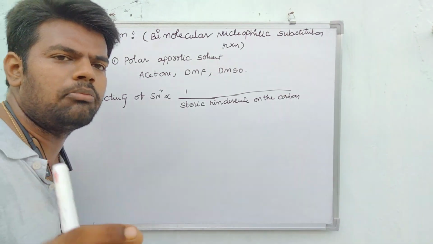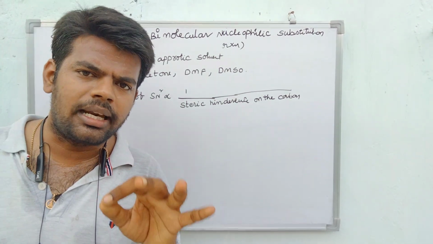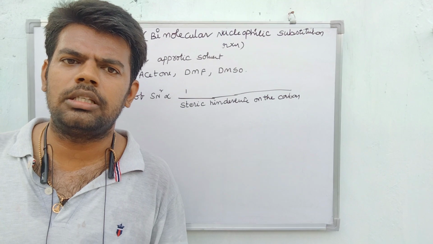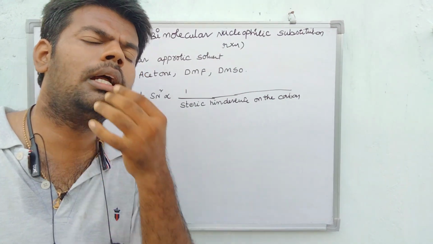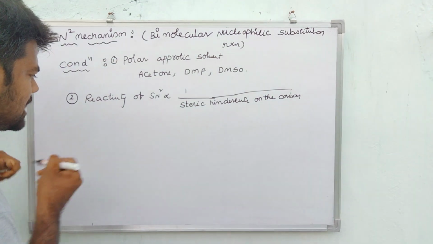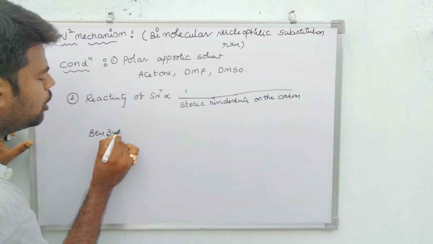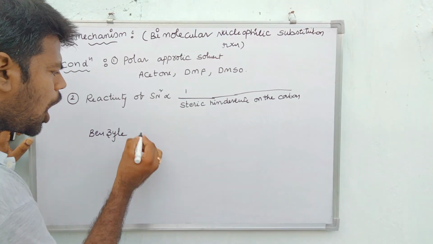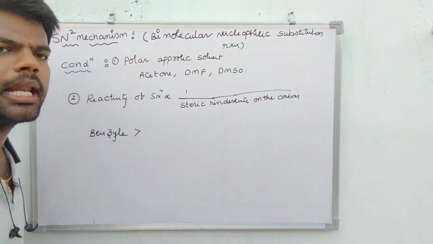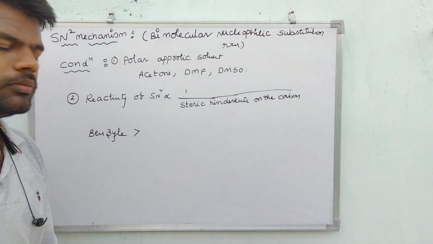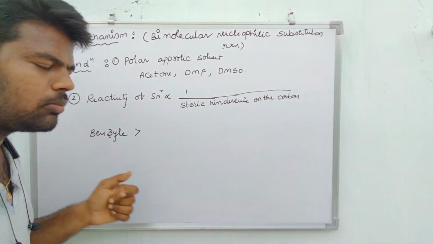The very important thing is that whether the reaction is SN1 or SN2, when comparing among all the different types of substrates, observe this point carefully: the benzyl group always undergoes SN2 or SN1 mechanism very fast. For both SN2 and SN1, the benzyl compound is faster.